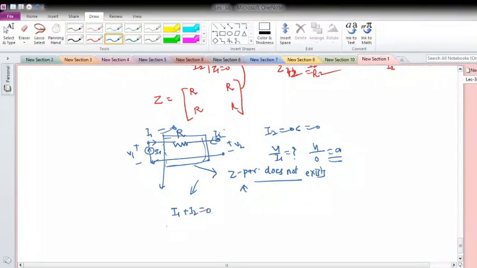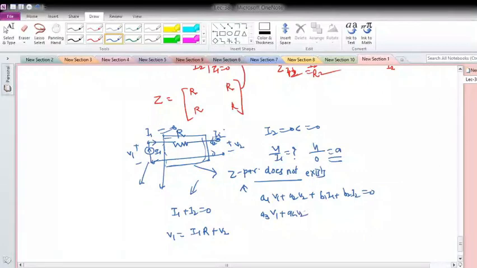For the second equation, V1 will be equal to V2 plus I1 into R. So V1 I can write as I1 into R plus V2, and let me express it in the form A1 V1 plus A2 V2 plus B1 I1 plus B2 I2 equal to 0, and A3 V1 plus A4 V2 plus B3 I1 plus B4 I2 is equal to 0.